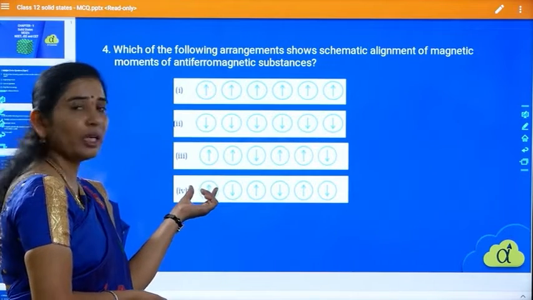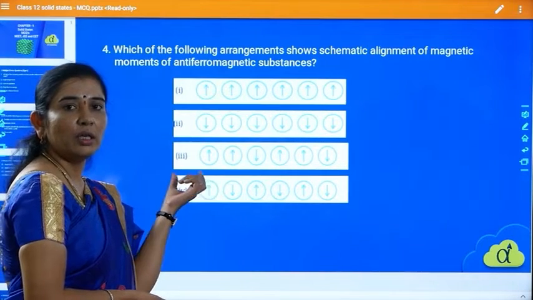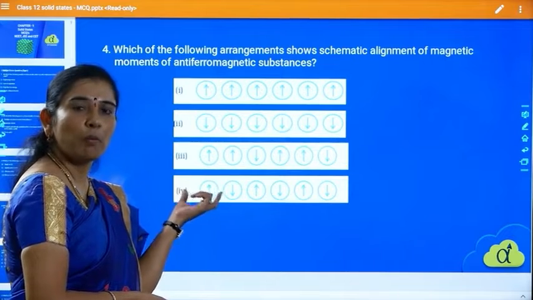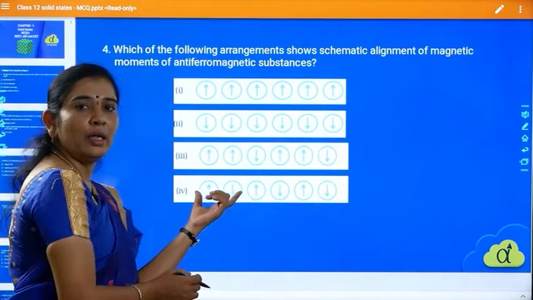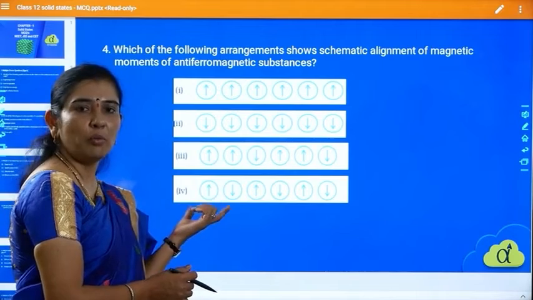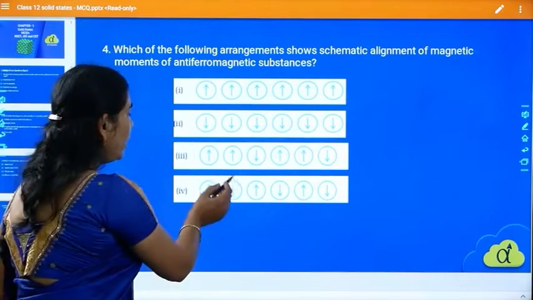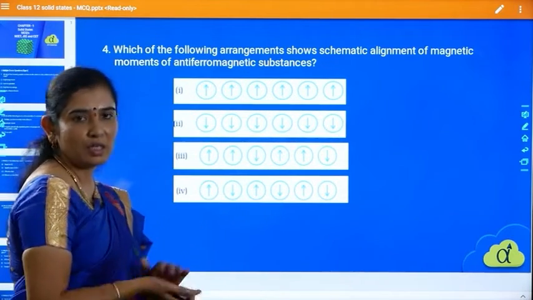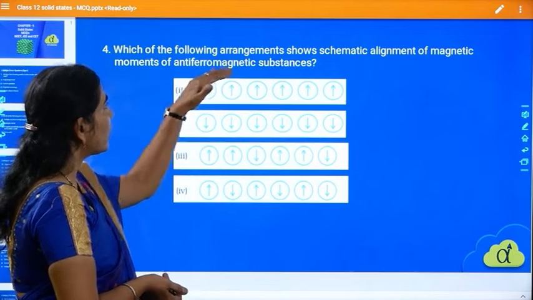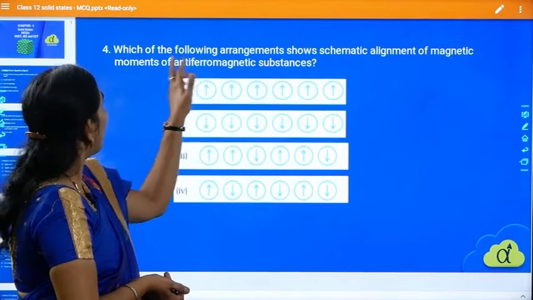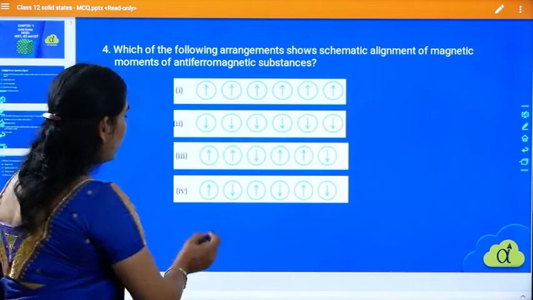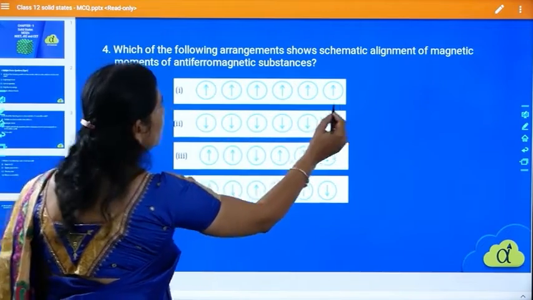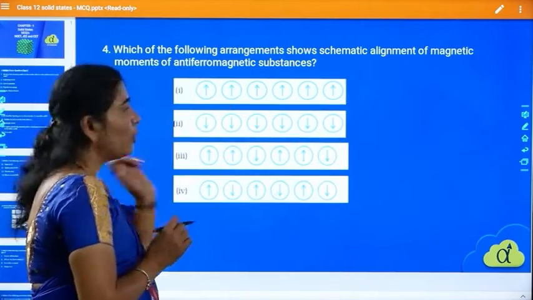Their magnetic moment domains move in opposite directions. Orderly and in opposite direction to each other, thereby the net magnetic moment gets cancelled, zero. That is the characteristic of antiferromagnetic substances. So this first one does not hold good for antiferromagnetic.